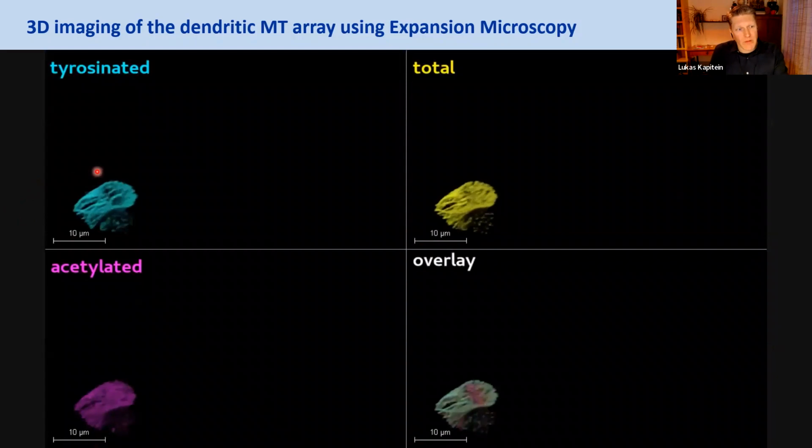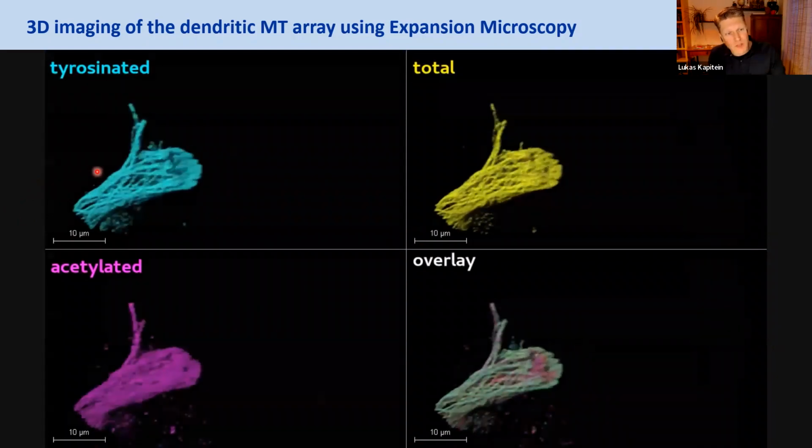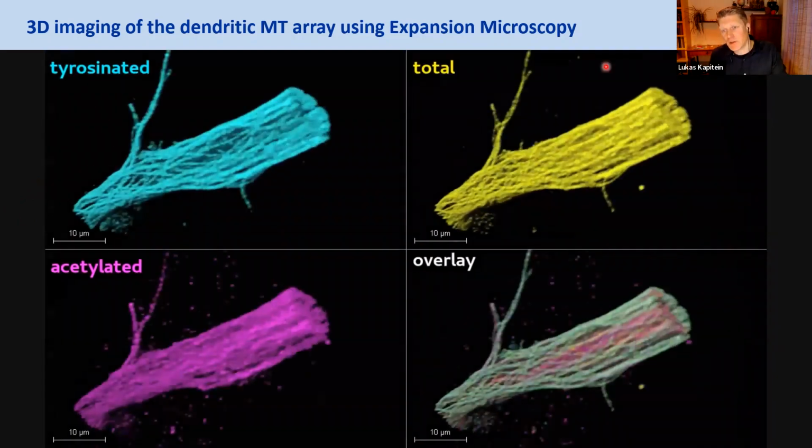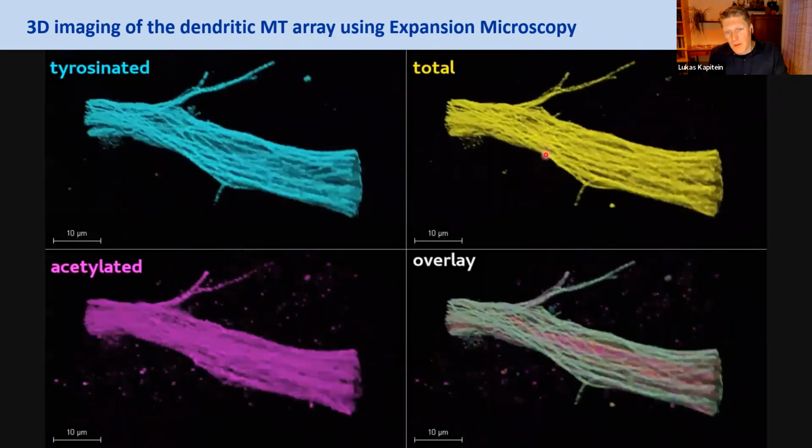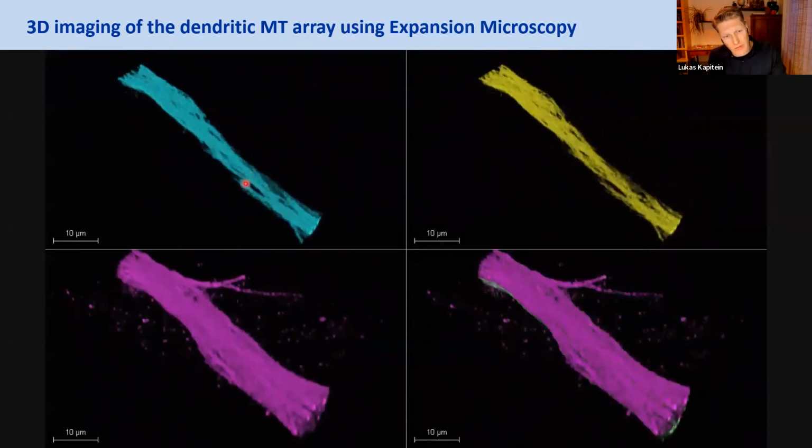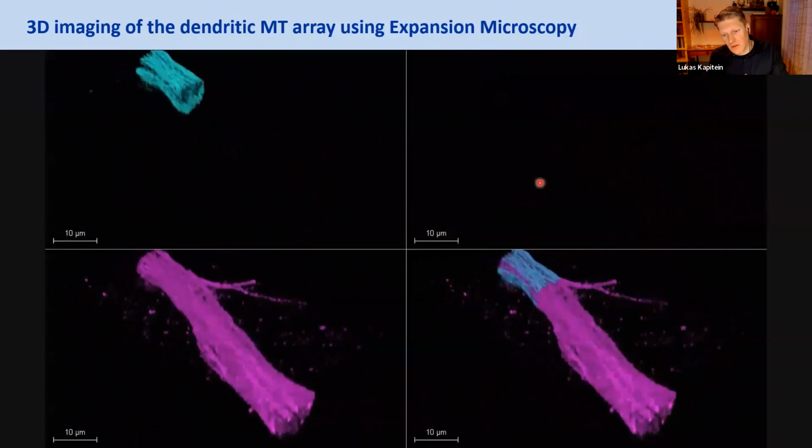So when we do this in dendrites, we can stain for tyrosinated microtubules, acetylated microtubules, and also for total tubulin, because it will allow us to quantify the relative contribution of these 2 subsets to the total microtubule array.